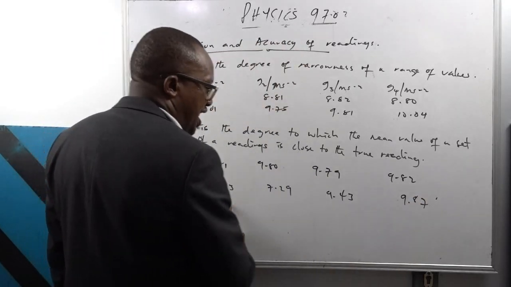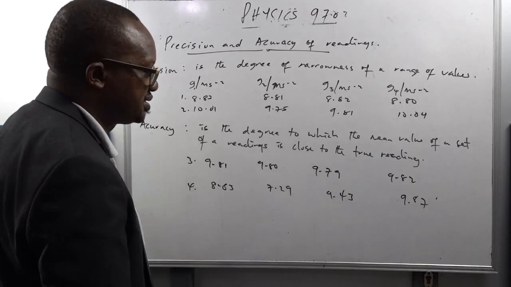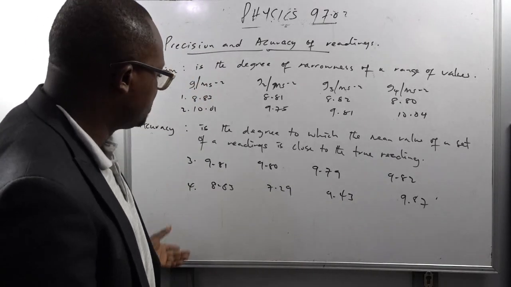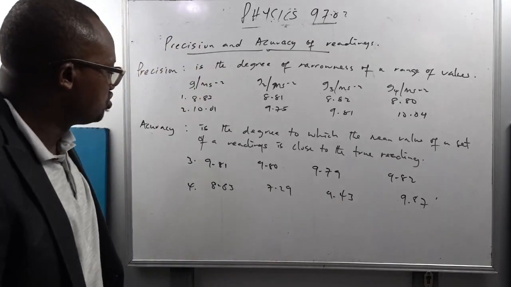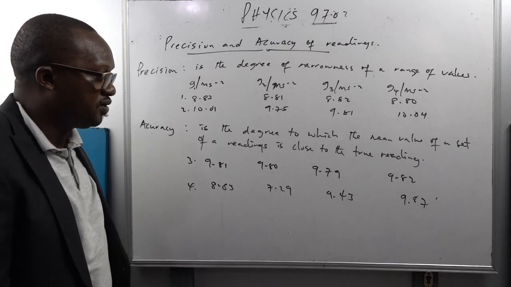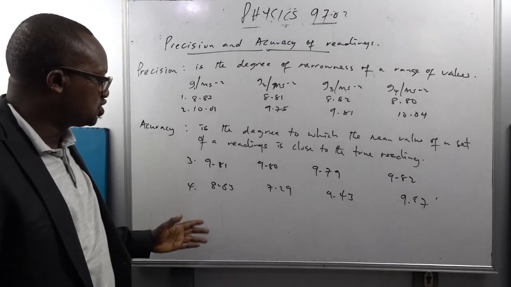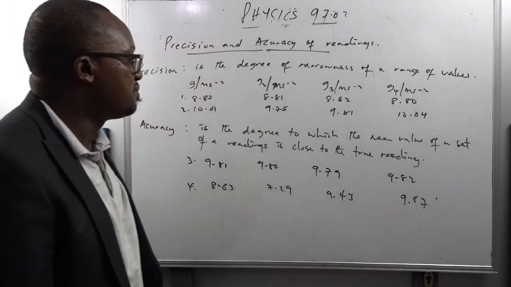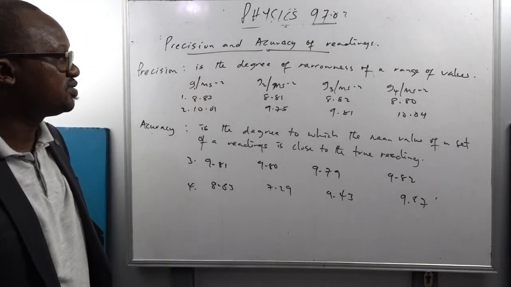This set of values is not precise and also not accurate. What that means is that if you take the mean value of this set of readings, it will be far from the value of the acceleration of free fall, and the range of the values is wide, between 7.29 and 9.87 meters per second squared.